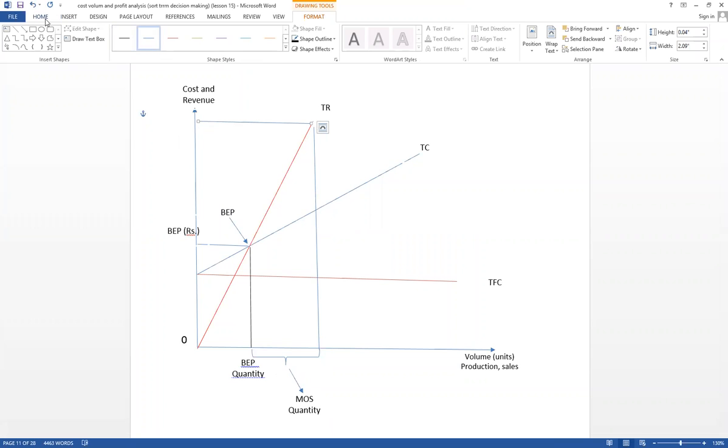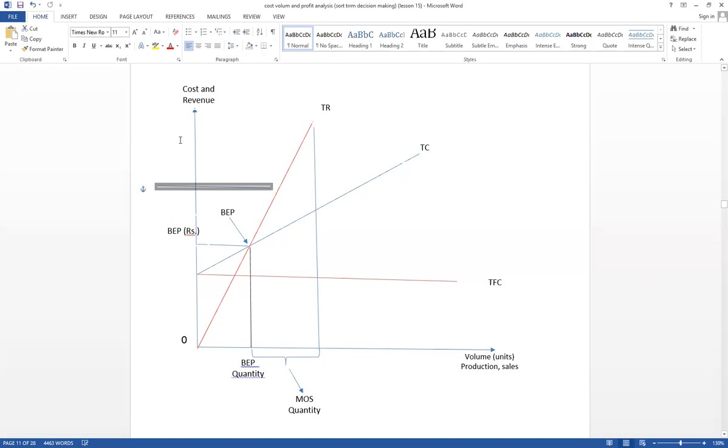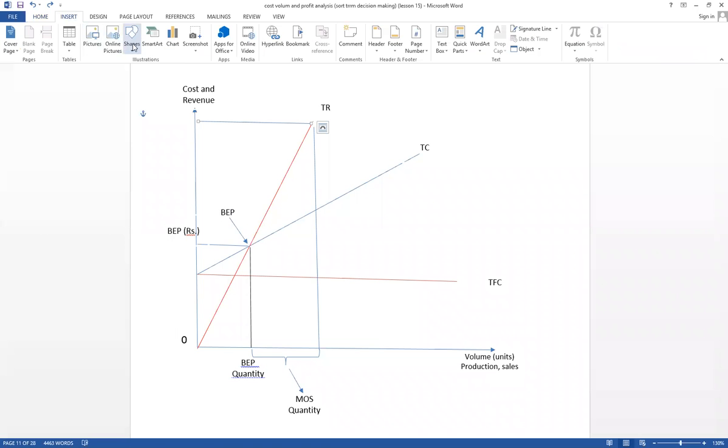Think about beyond the BP. Therefore, margin of safety value beyond the BP.